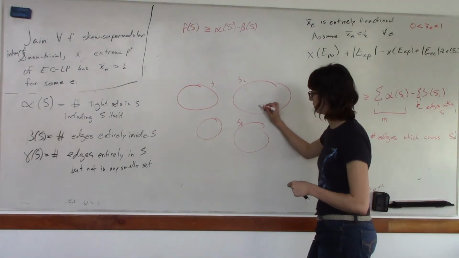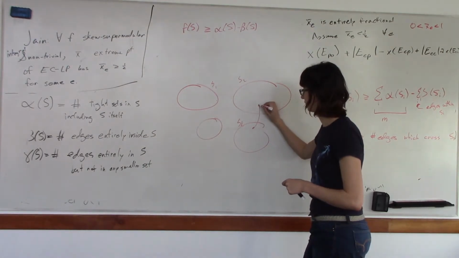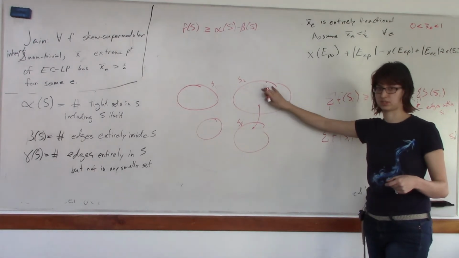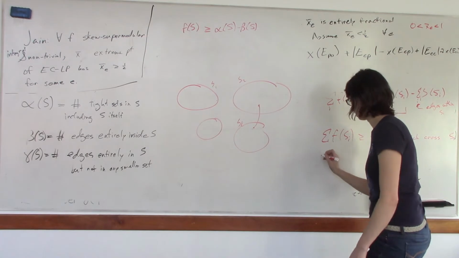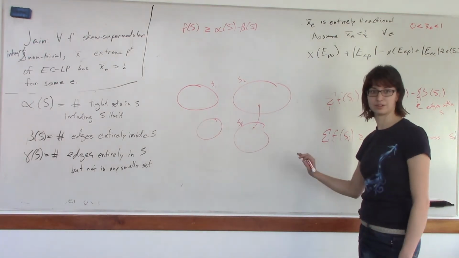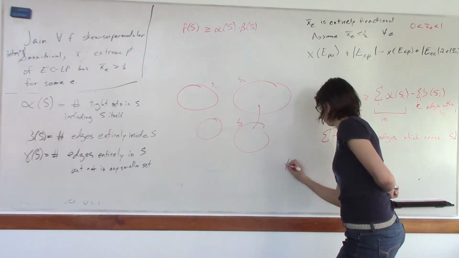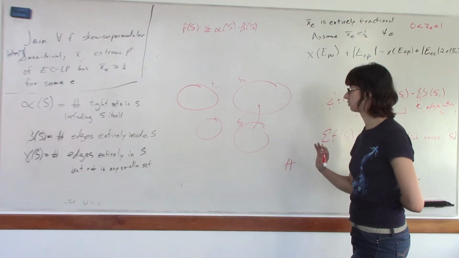Let's consider an edge which crosses the Si. It can contribute strictly less than half here and strictly less than half here. If we look at their contributions, the way they're split up is the same: XE, XE, and 1 minus 2 XE.